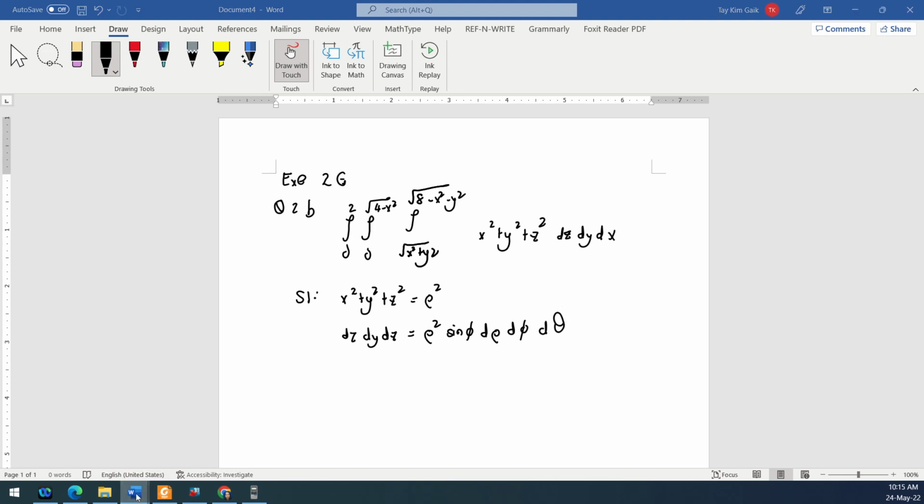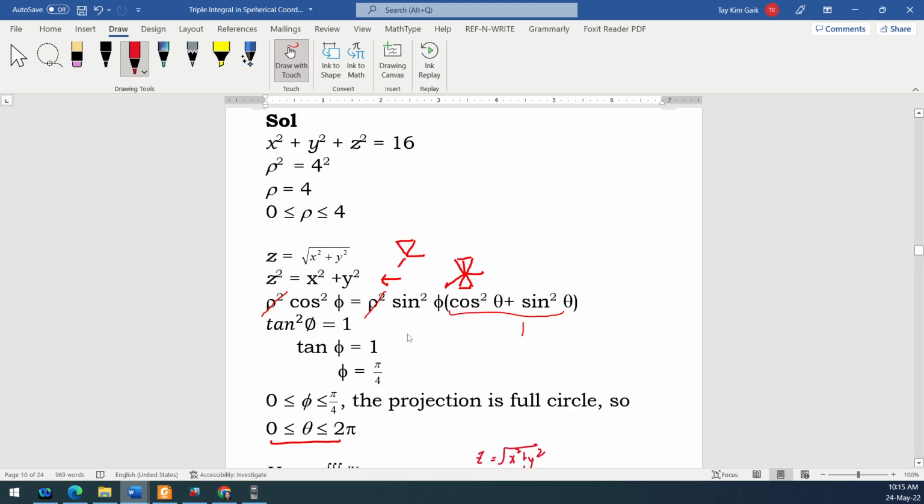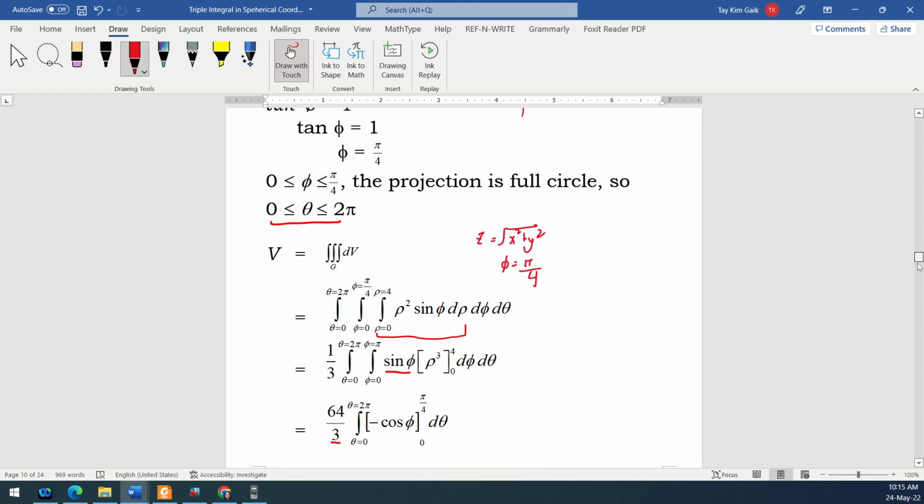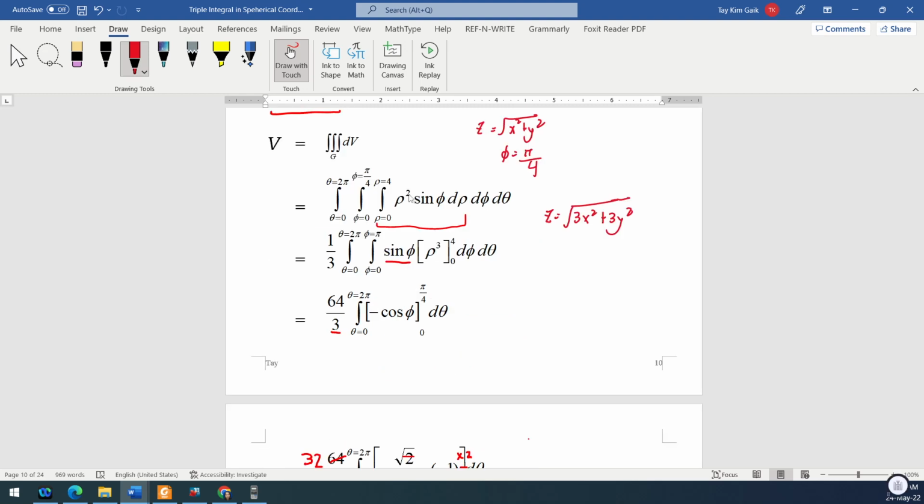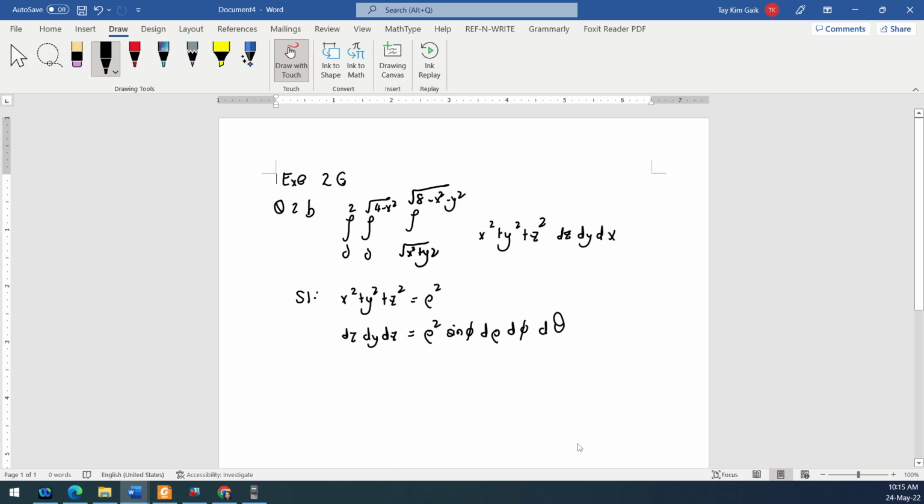Wait, check back, correct. Convert your dv. The dz dy dx is dv, which is rho squared sin phi d rho d phi d theta. So in total we have rho to the power 4 sin phi d rho d phi d theta.